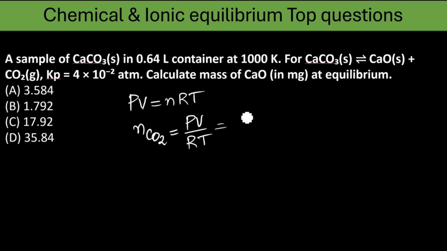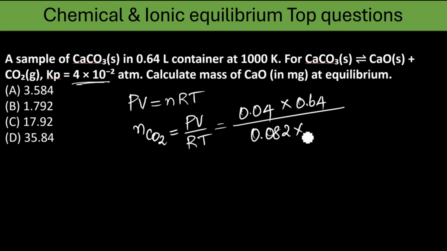So pressure is 0.04 because Kp is given as 4 into 10 to the power minus 2, and volume is 0.64 liters, divided by R value 0.082 and T 1000 Kelvin. Upon solving this, you will get the number of moles of carbon dioxide as 3.12 into 10 to the power minus 4 moles.